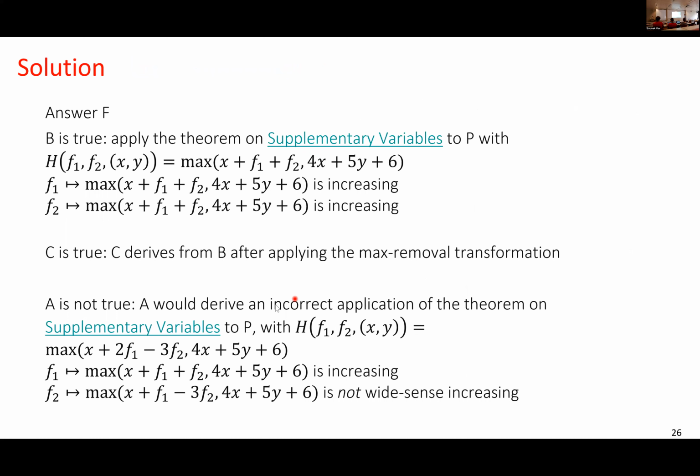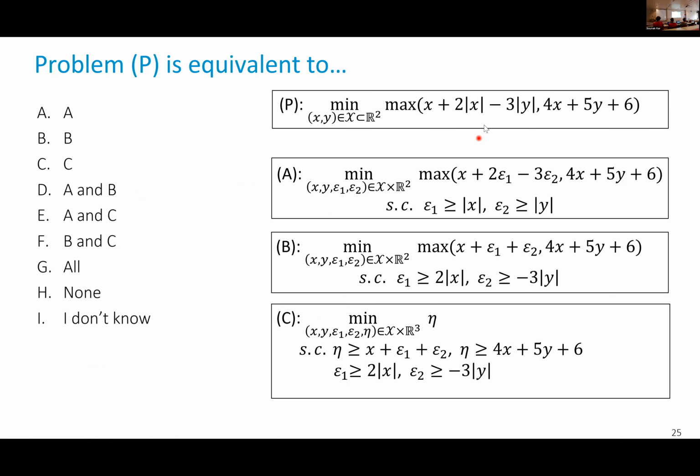So that's what we discussed here. A is saying I 2 minus 3, and this is not monotonically increasing, therefore it's not correct. B, what is B doing? B is saying I replace 2 absolute value of x by epsilon 1 minus 3 absolute value of y by epsilon 2.